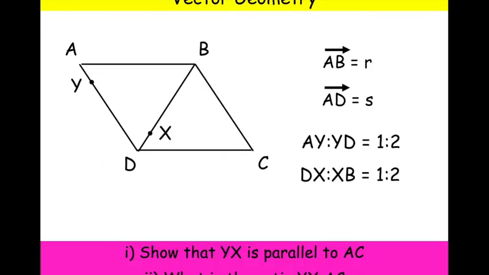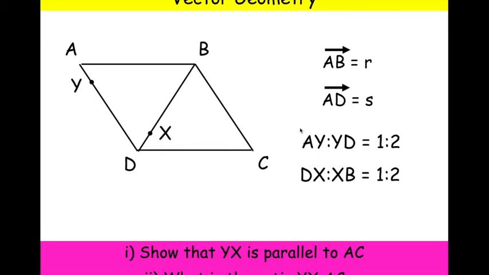Okay, take a look at this example. Show that vector YX is parallel to vector AC, and what is the ratio of YX to AC, given all of this information.